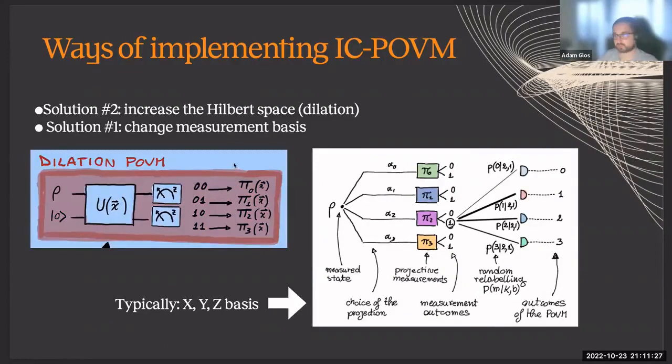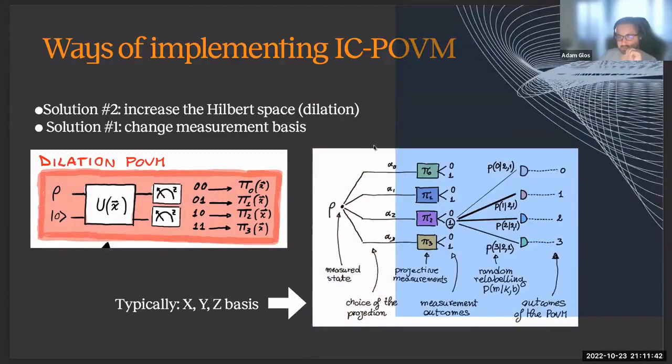This is because we need 4 outcomes, and since we need 4 outcomes, 2 qubits give us at least that many states. And another way, which is a little bit more complicated, is by randomly choosing the basis of the Hamiltonian, and then optionally doing something which we call relabeling. I will explain this in the next slides.